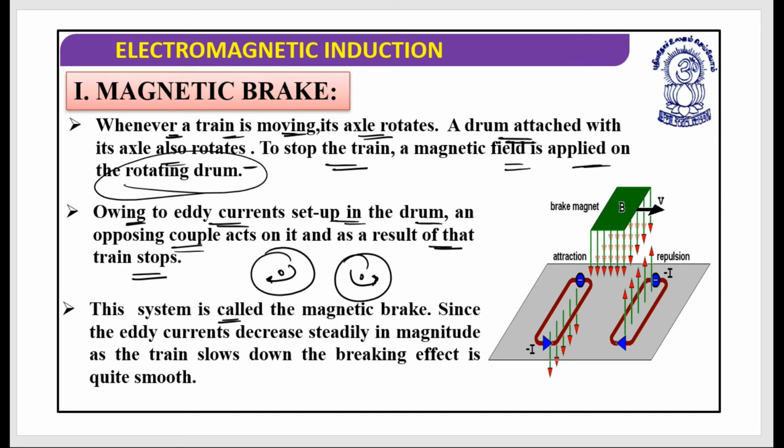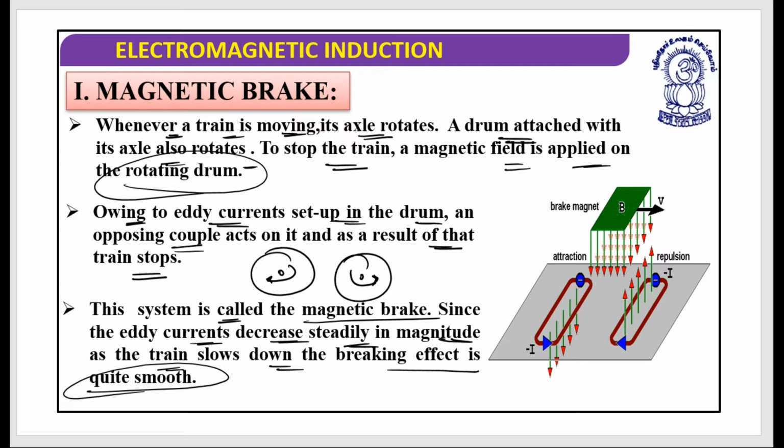This system is called the magnetic brake. Since the eddy currents decrease steadily in magnitude as the train slows down, the braking effect is quite smooth. I hope this is clear. We are using this system in our trains while applying a brake.